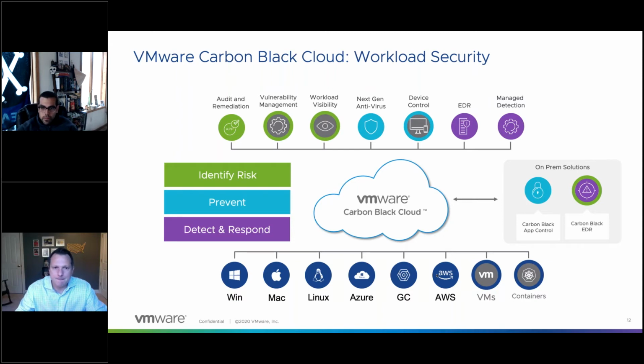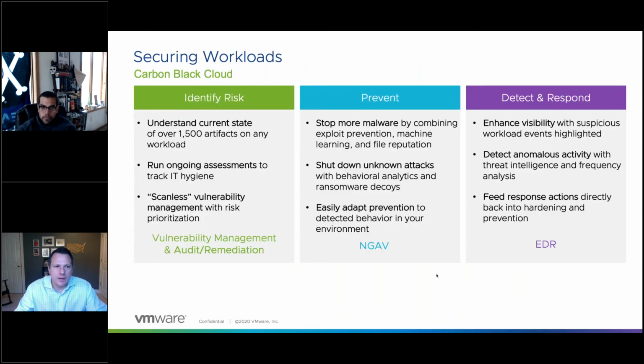Okay, so like I mentioned, at VMworld this year we announced this notion of securing workloads. It's built around these three tenets that I mentioned before: identification of risk, prevention, detection, and response. It's worth noting on the left-hand side, we've built in full vulnerability management and what we call audit and remediation, the ability to get configuration data, perform scanless vulnerability management on any workload.